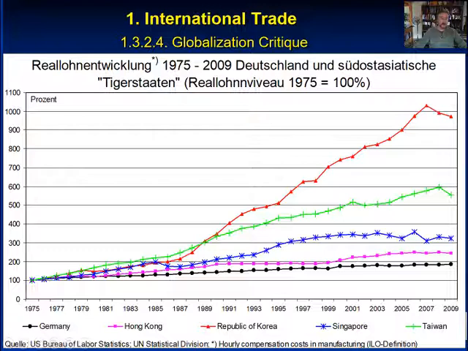It is obvious that the increase of the real wages of the tiger states, especially for South Korea, the red line here, has grown much faster than the real wage rate of Germany. Hence, the wage gap between the tiger states and Germany has become smaller. This is called a catch-up process.